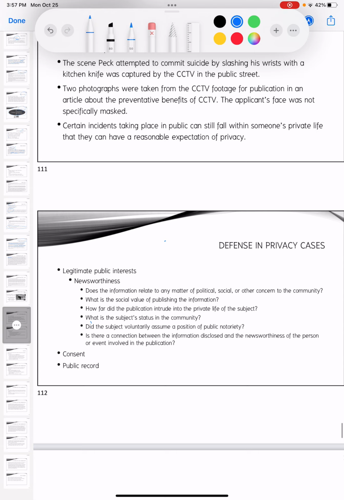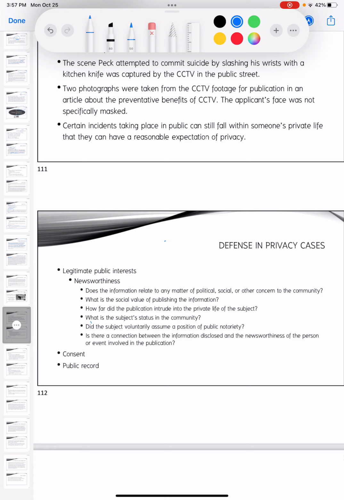Normally, when we take a look at privacy cases, the defenses that the news reporter or the media site would rely on are that they have a legitimate purpose or legitimate interest, supporting freedom of expression, media freedom.